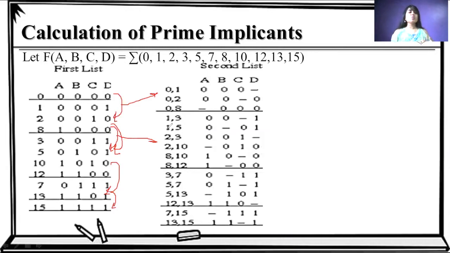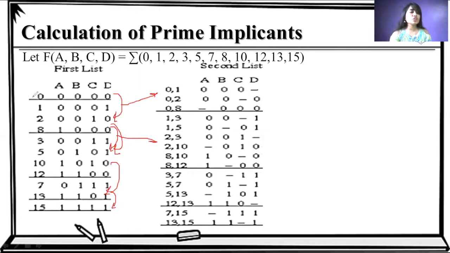This is how we can compare all the successive groups and all the terms, and write the terms which differ by 1 bit. After this, mark the used terms.